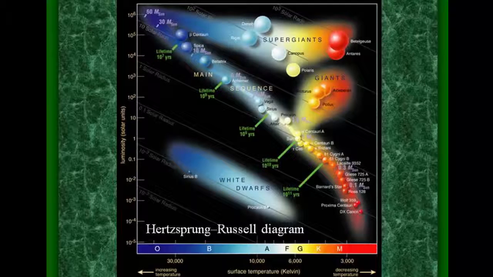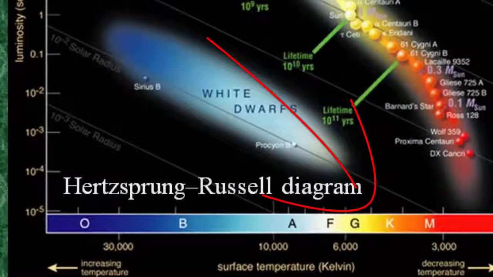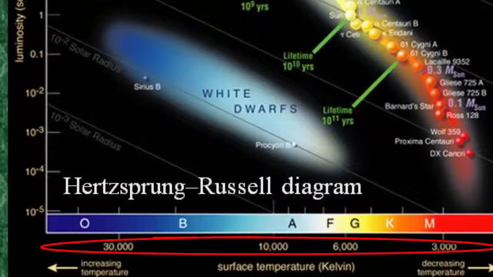So let me show you this diagram. It's a Hertzsprung-Russell Diagram, very famous in the world of astronomy. The Hertzsprung-Russell Diagram graphs on the x-axis the color of the star, which is directly related to the temperature. As you can see there, the red stars fall around 3,000 degrees.